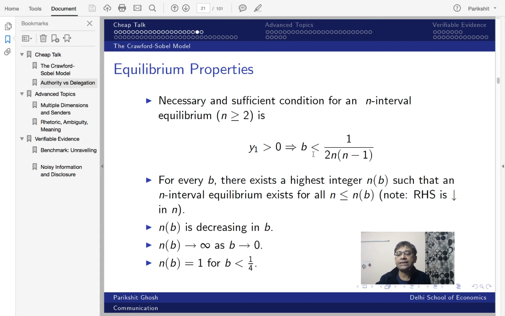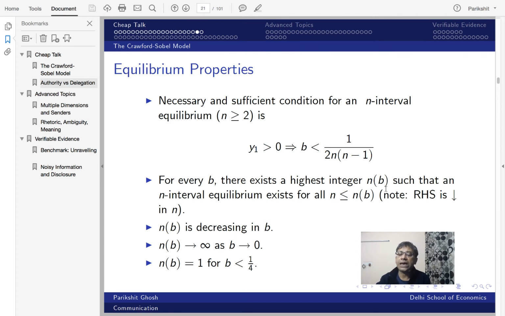So what that means is that for every bias, there's a largest integer, and you can construct these partition equilibria up to that integer value, but not anymore. So for example, for some bias, you may be able to construct at most 7 interval partitions, not 8. But if you are able to construct 7, you will be able to construct 6, 5, 4, 3, 2, and 1. 1 would be babbling.